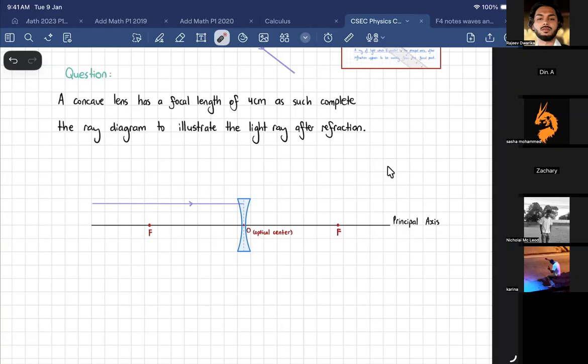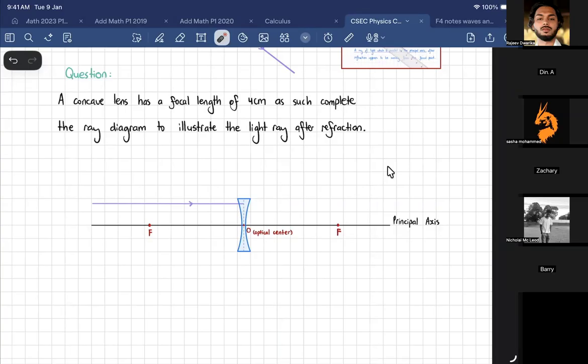Hold on, I'm sending it too. Wait, so we're supposed to be doing something? Are they supposed to finish that diagram?